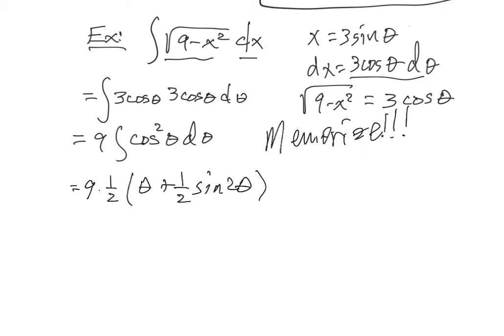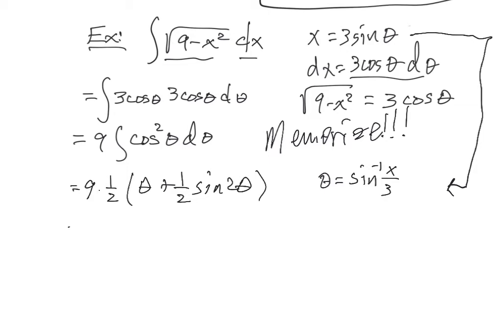So there it is, an antiderivative. Unfortunately, it's expressed in terms of the substitution variable, theta. And we would really like to write it back in terms of the original variable, which we can do. So take our substitution relationship and solve it for theta. Divide by 3 and hit it with the inverse sine, the arcsine if you prefer.